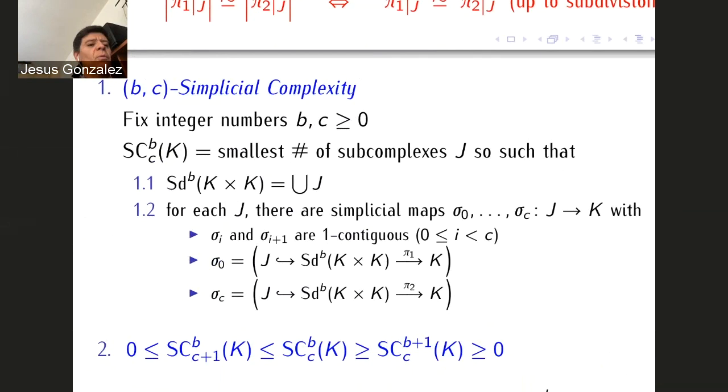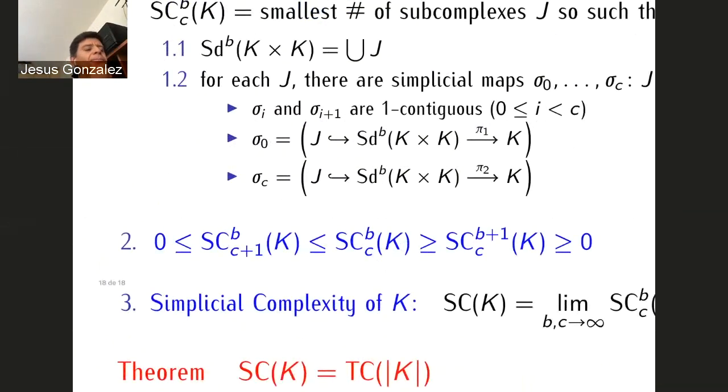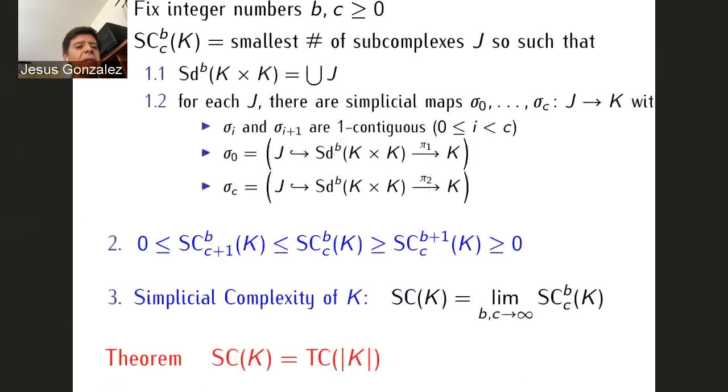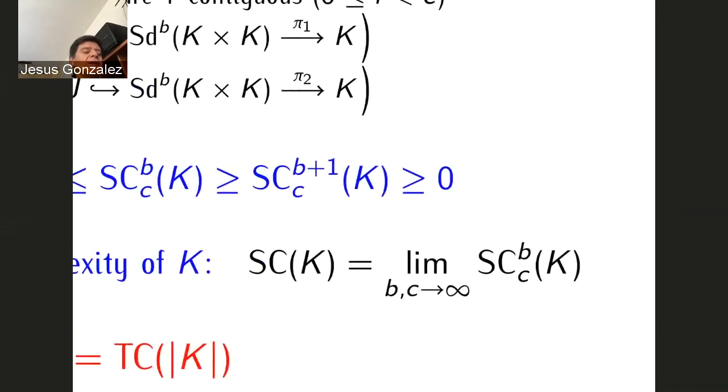And then one can show more or less easily, this is standard techniques in combinatorial topology, that as long as you increase by 1 the number C or the number B, this number goes down. So you have this monotonous sequence of numbers, and you can take the limit of them as B and C go to infinity, and define the simplicial complexity of K as the corresponding limit.